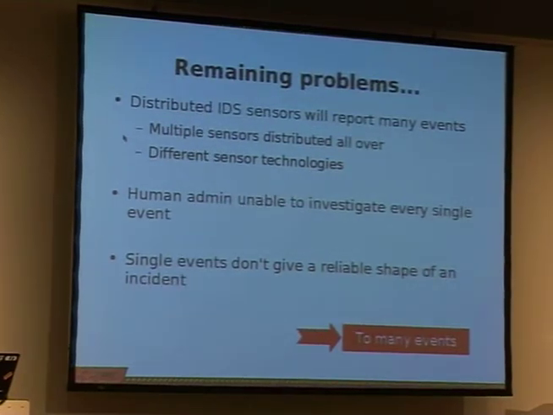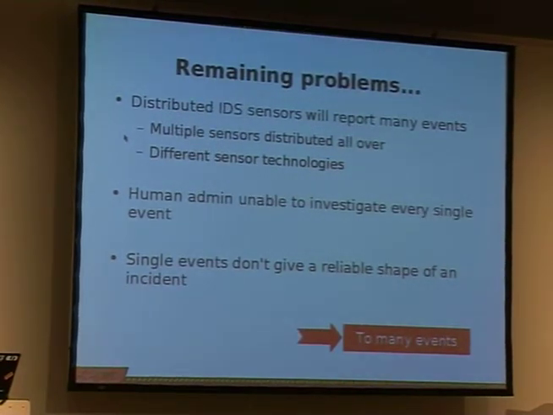And some of those events might be sensible. Many of them will be false positives. For example, if a system is attacked with a buffer overflow, but it's not vulnerable, you're not really interested in this information.